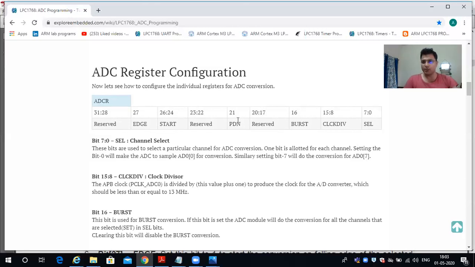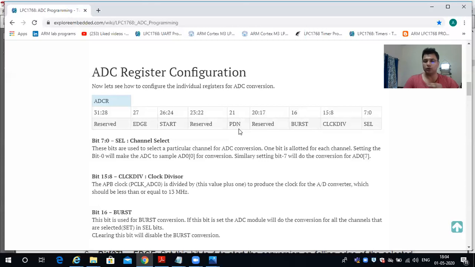There is one more check, a further switch after switching on through the power configuration register. That switch is in the ADCR register. So the 21st bit also should be 1 to power up the ADC module. This is the power down bit.